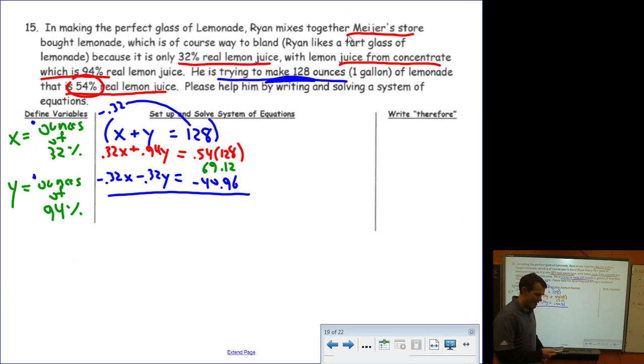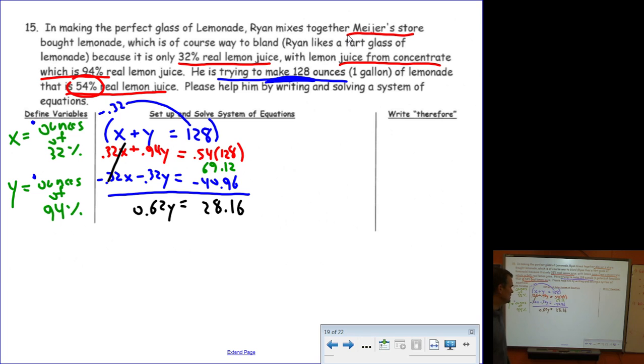And now I'm ready to add these equations together. The x's are going to cancel out. The y's are going to be 94 minus 32, 62y. And 6912 minus 4096 is going to be 2816.